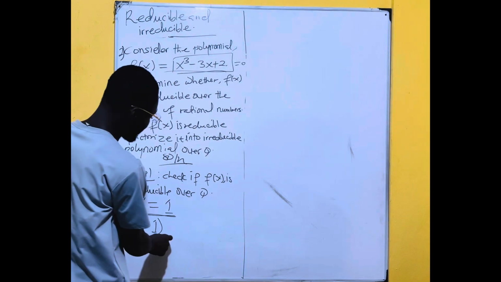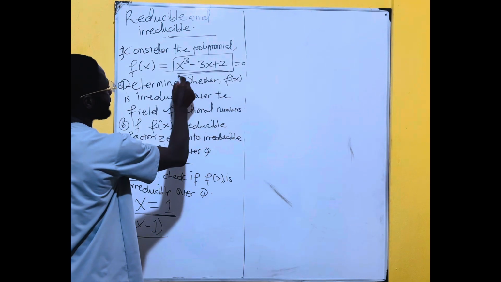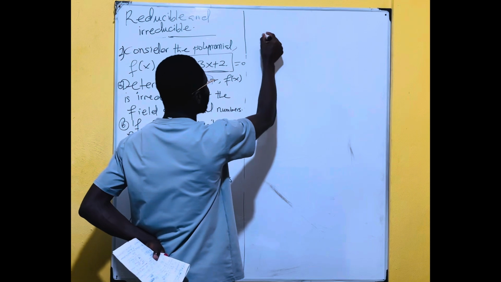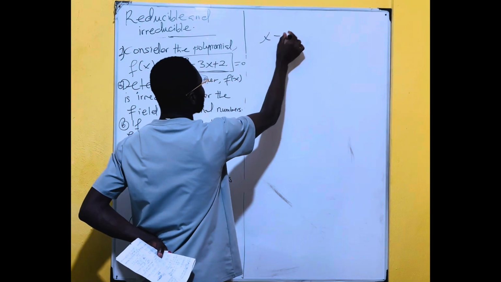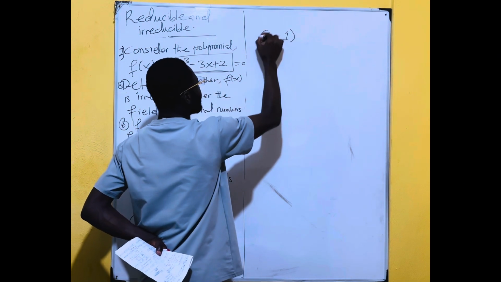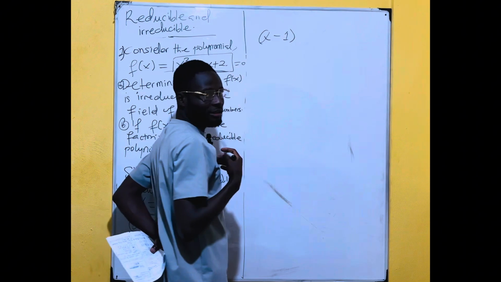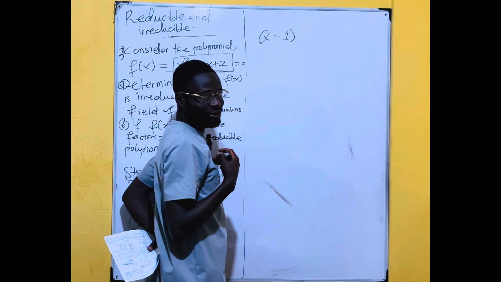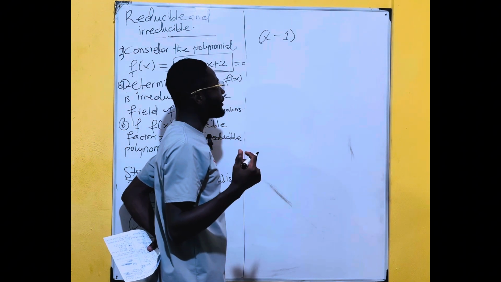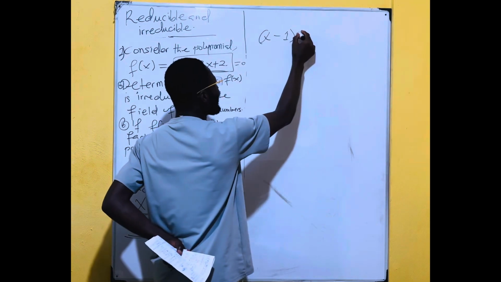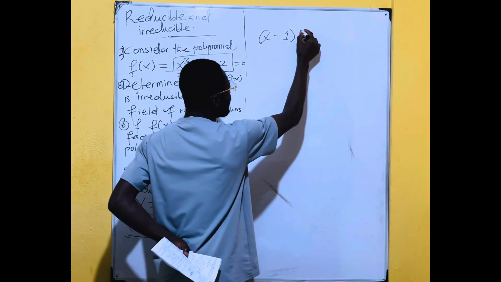So we are going to take this and then pick this. So we are going to say that x minus 1, I'm interested in the long division approach. You can use the synthetic at your end. So the long division approach, you know what to do.